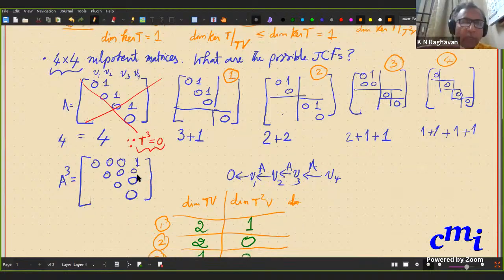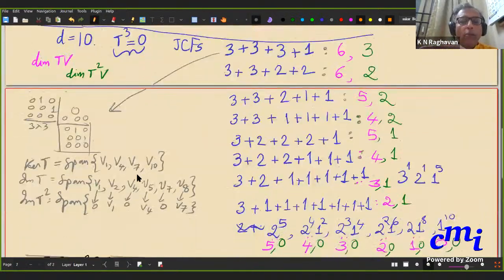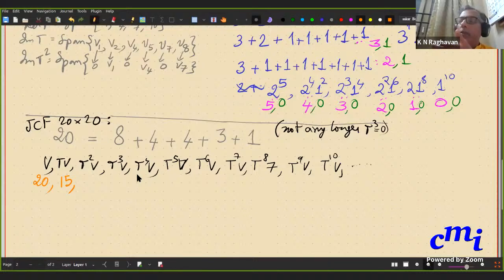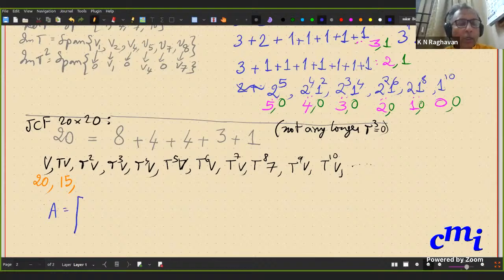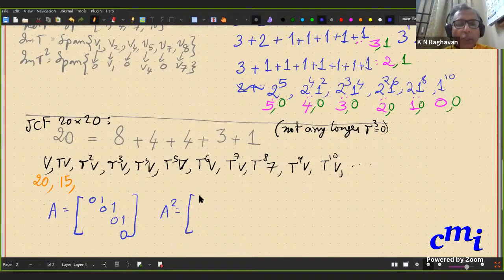You can think in terms of matrices like that, or you can just think in terms of how many of them are becoming 0, how many are giving me other vectors. In a 4x4 block, let me write it here. If A is my 4x4 block, what will be A square? V1 is already 0.